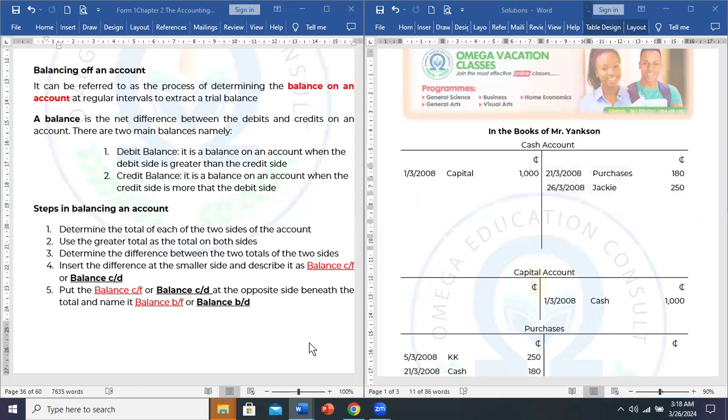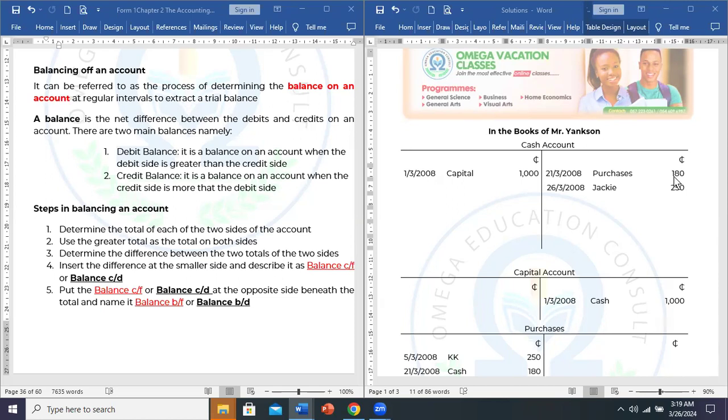Yes, Prof. Richmond. A debit balance. Why? Because the amount on the debit side is more than the amount on the credit side.